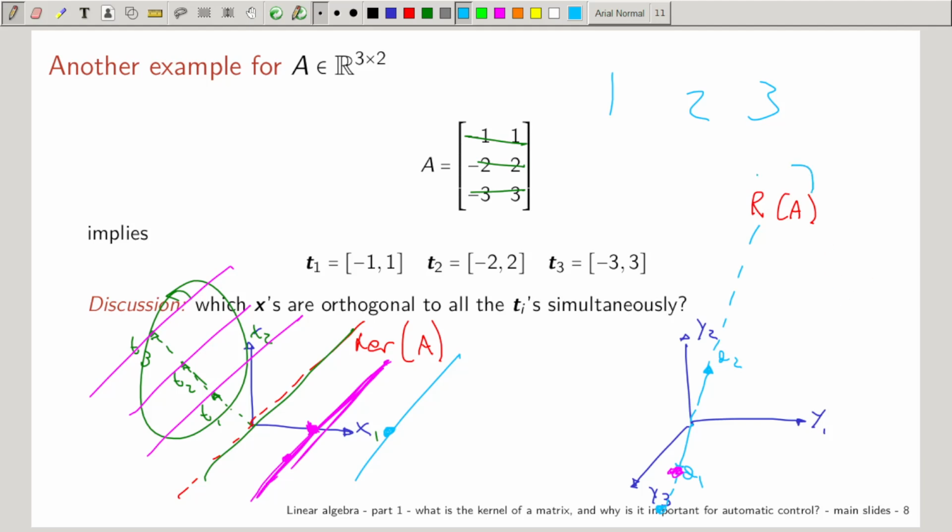The range is in the codomain. Here we start with a 2-dimensional domain and a 3-dimensional codomain. So the kernel is in the domain, so it's something that lives in a 2-dimensional space, and it's this subspace here. The range is a 1-dimensional thingy because we have a 1-dimensional span that is in the codomain.